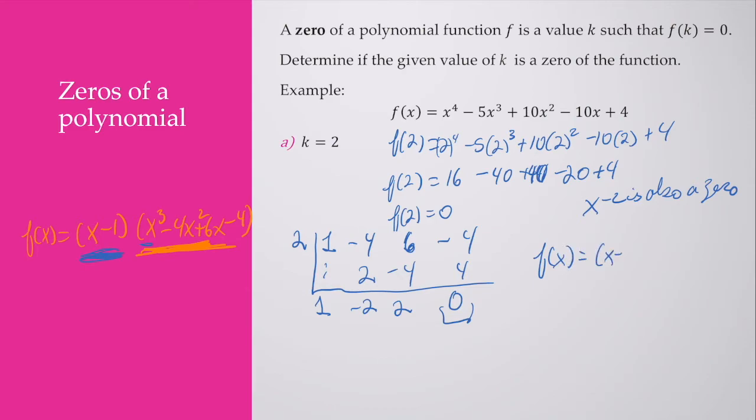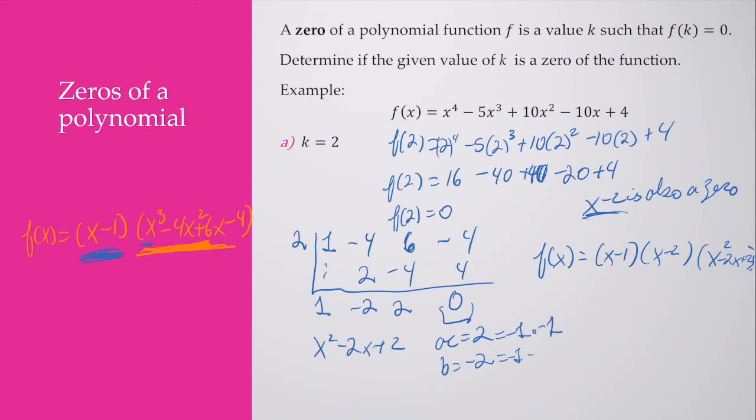Now I can write my function f of x as our original first factor we found, times our second factor we found, times x squared minus 2x plus 2. Well, I know how to factor this: what are the factors of AC that add up to B? That's going to be negative 1 times negative 1 and negative 1 plus negative 1.